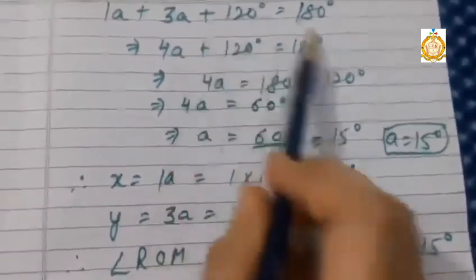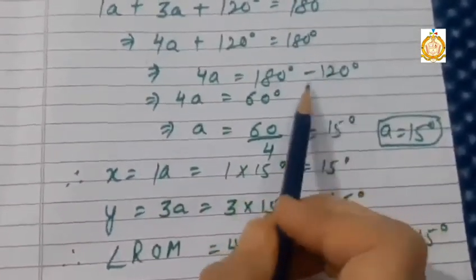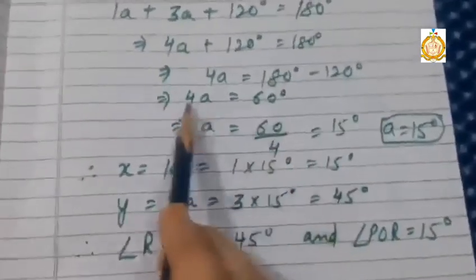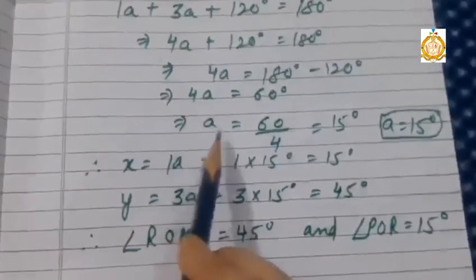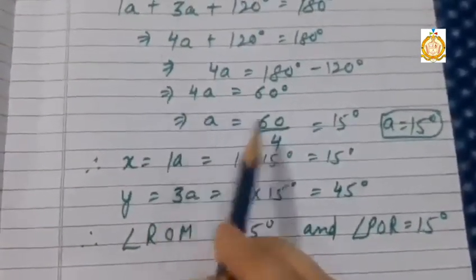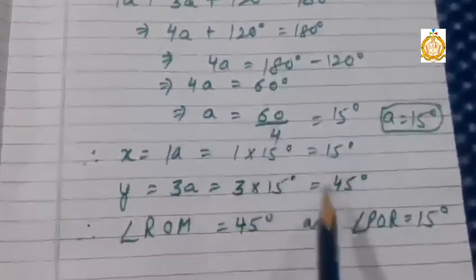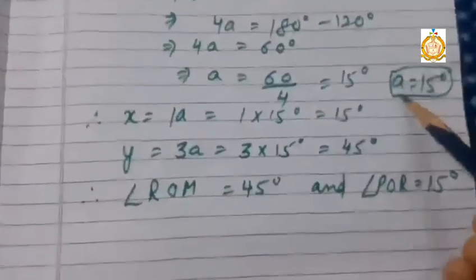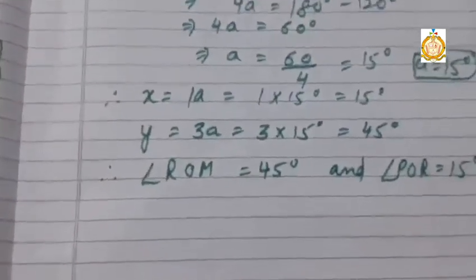It is plus; when it shifts its position from the equal to sign, it would become negative. So solving it, you will get 60. Here 4 is multiplying, so when we shift its position from the equal to sign, it would divide. After solving, you will get the value 15 degree. So the value of a is 15 degree.